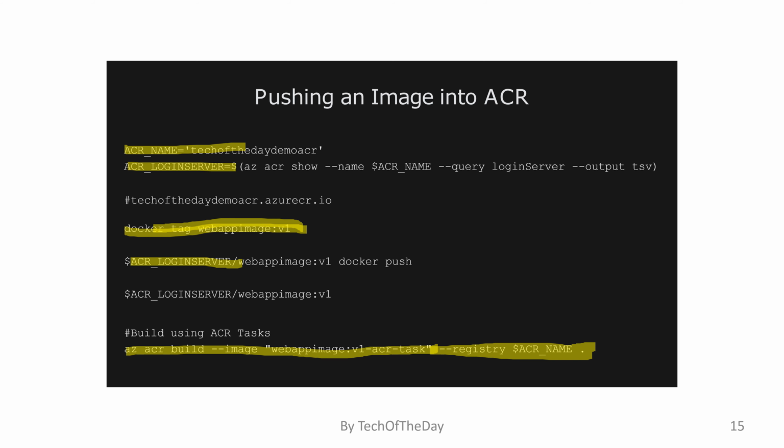We did the Docker push, and then we built. If we want to do the same thing using an Azure ACR task, then we can do the same thing using az acr build. I hope it's clear. Let's continue.